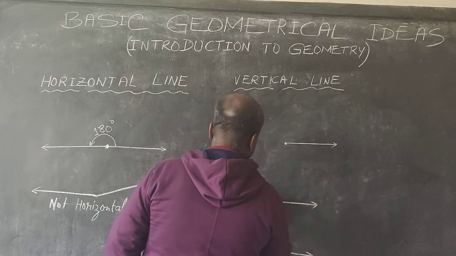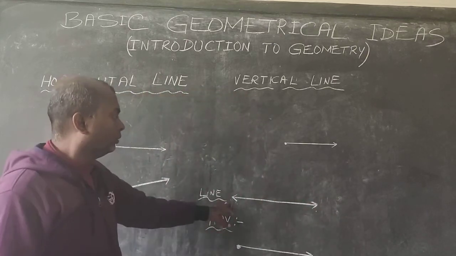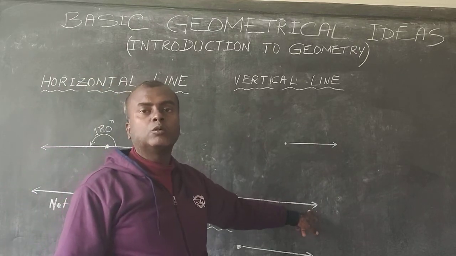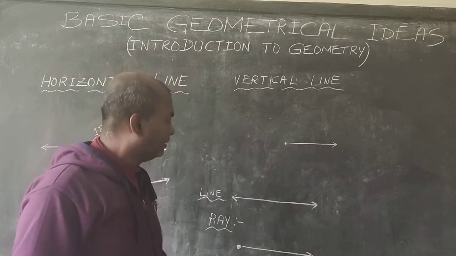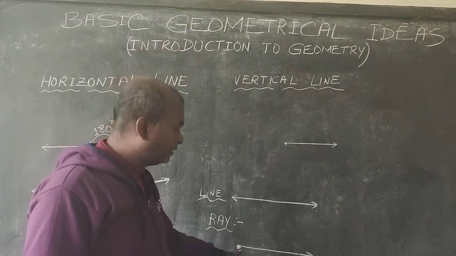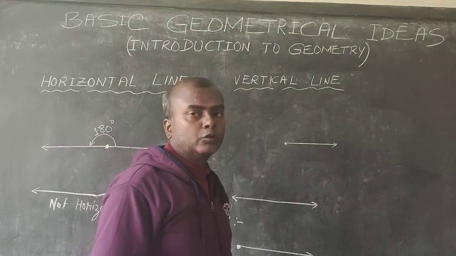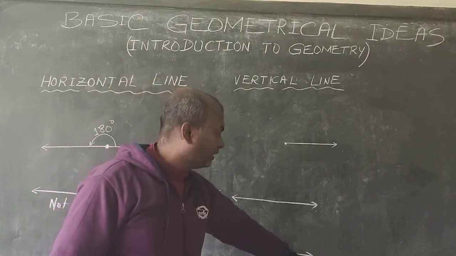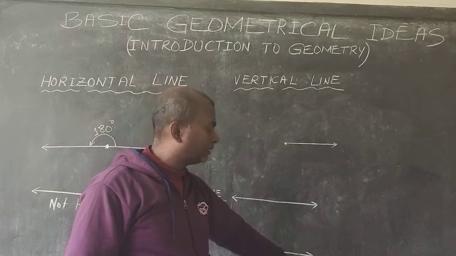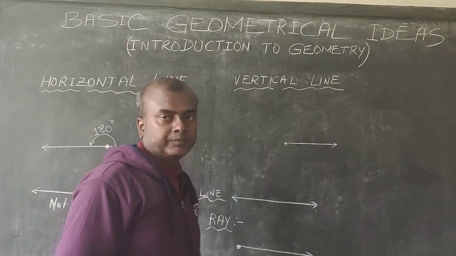We draw like this. Don't know where it starts, don't know where it ends. So on both ends, arrows are there. But for ray, one side there is a starting point that is known to us, so that is a point. But the other side, the ending point is not known to us. So the ending point, arrow sign is given. So this is called a ray. A ray has a starting point but no ending point.